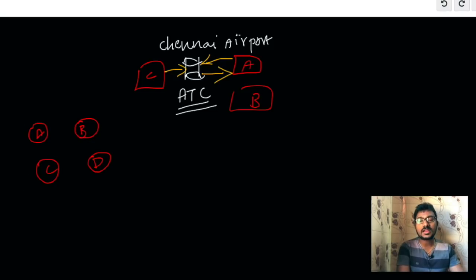If there is no intermediary, then if A needs to communicate with B, C, D, there should be a connection from A to B, A to C, and A to D. If B wants to communicate with A, there should be connections from B to A, B to C, and B to D. Similarly for D, there should be connections from D to A, D to B, and D to C. So here it's a complex communication.